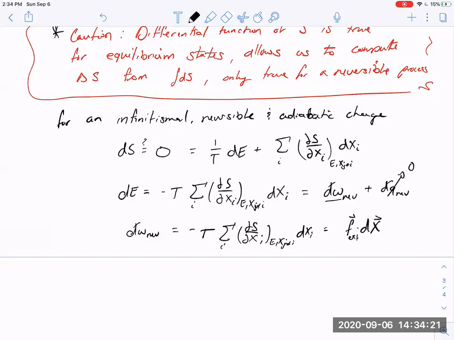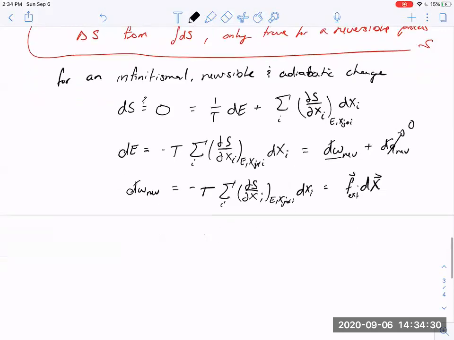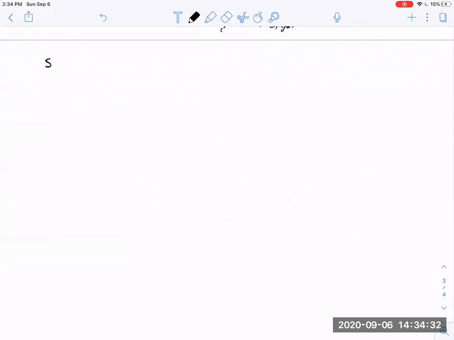There are not simple relationships between mechanical and thermodynamic quantities, but in equilibrium, this is true. So indeed, we would say that dS/dxi, with the right things held fixed, is, up to a factor of T, a force.